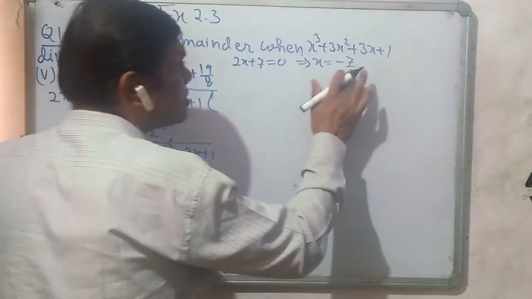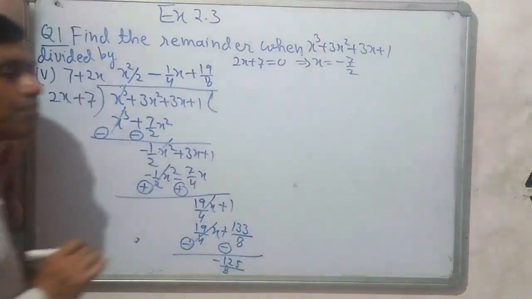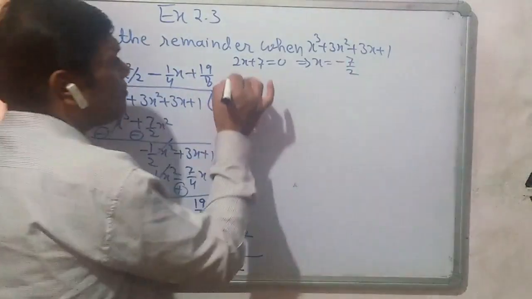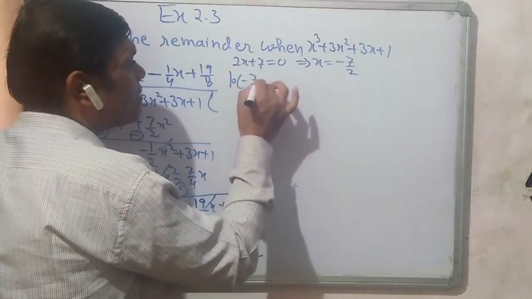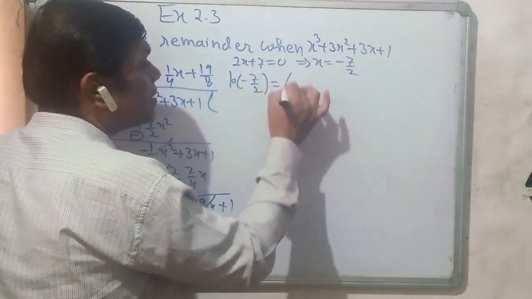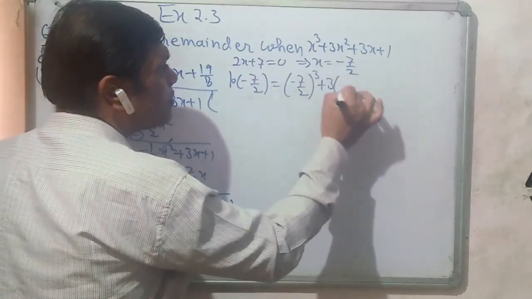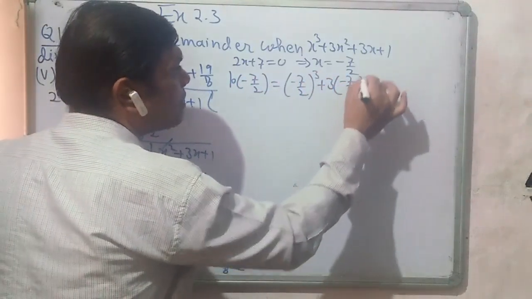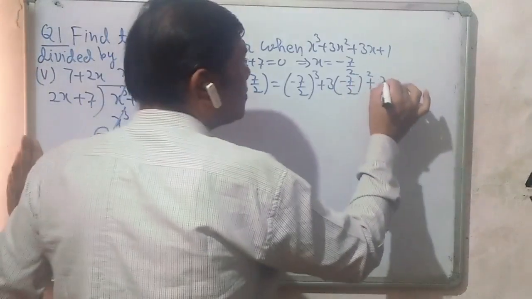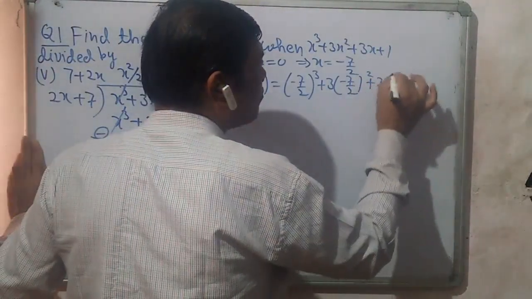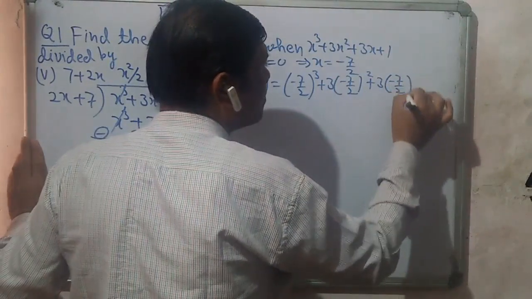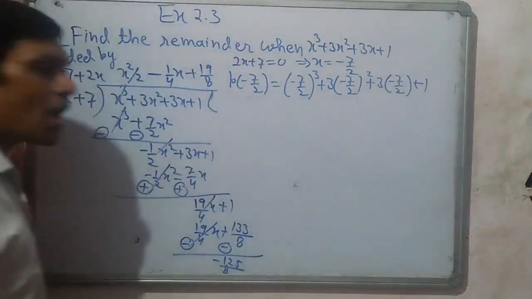In the polynomial, we have to put minus 7/2. That is minus 7/2 cube, 3 into minus 7/2 square, 3 multiplied by minus 7/2, plus 1.